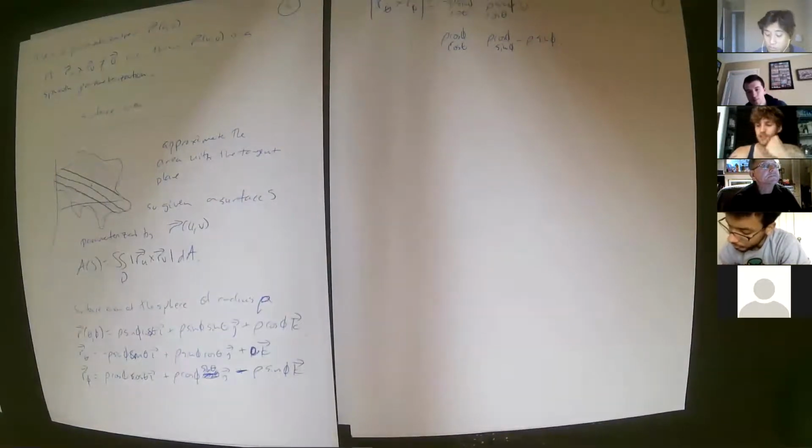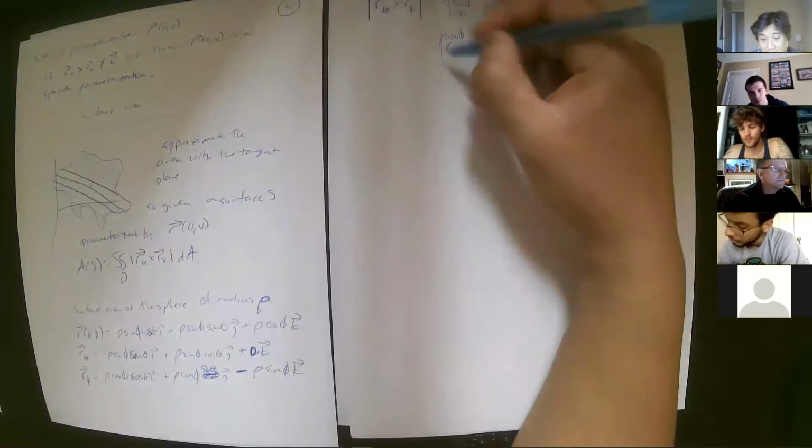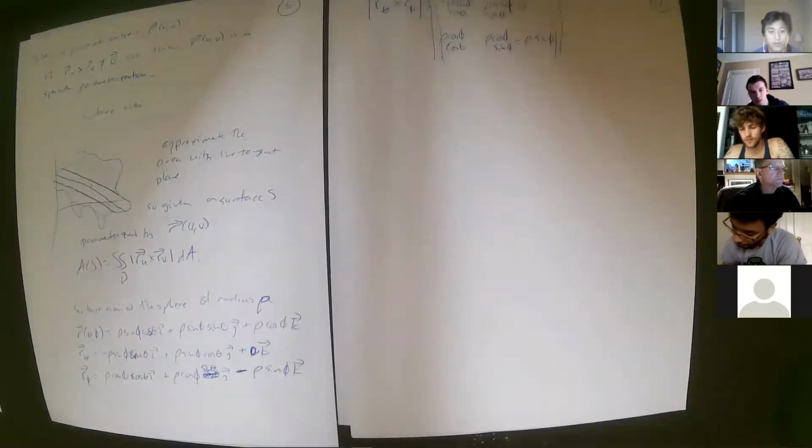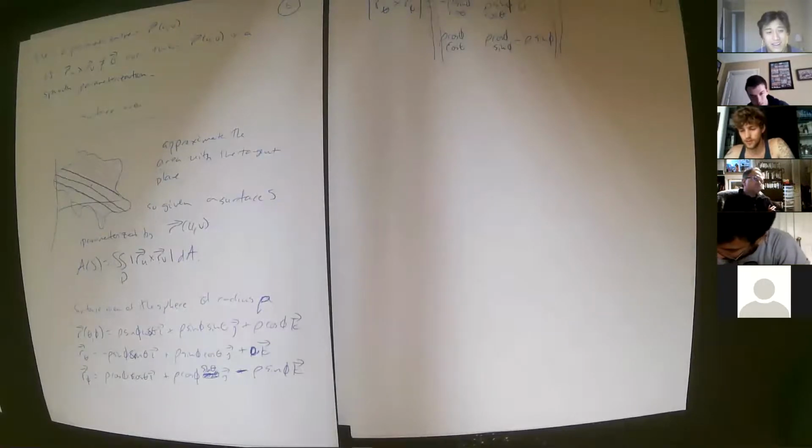So I have to take the cross product, which means I have to find this vector and then take its length. It seems like a lot of effort. Does it cancel out real easy?